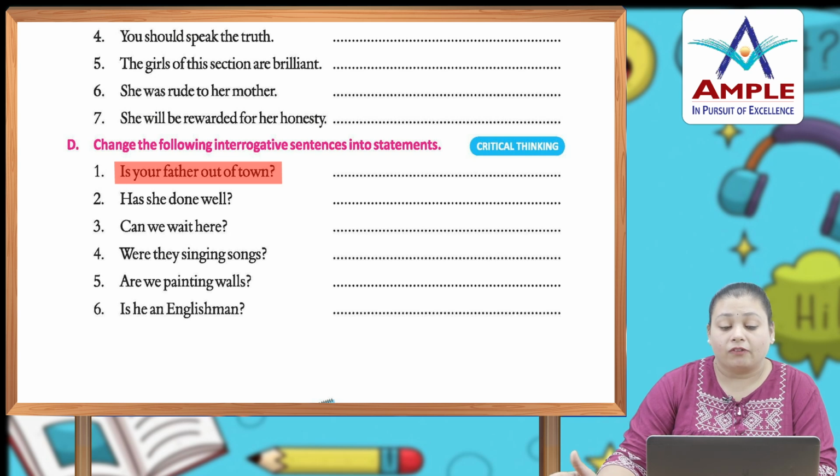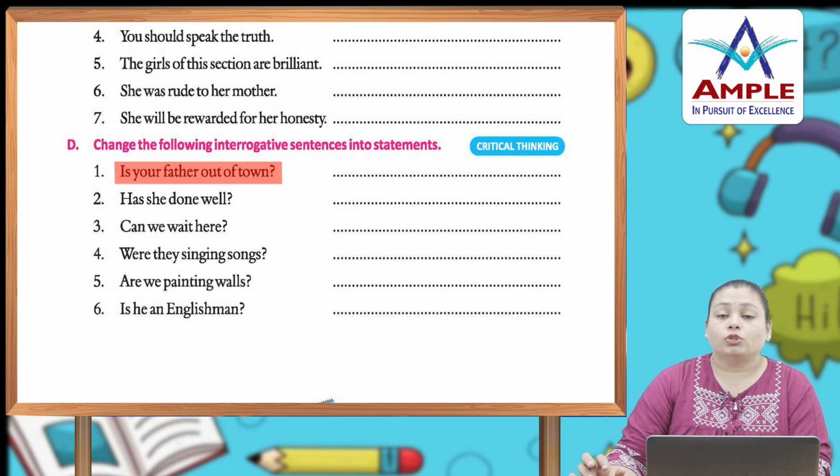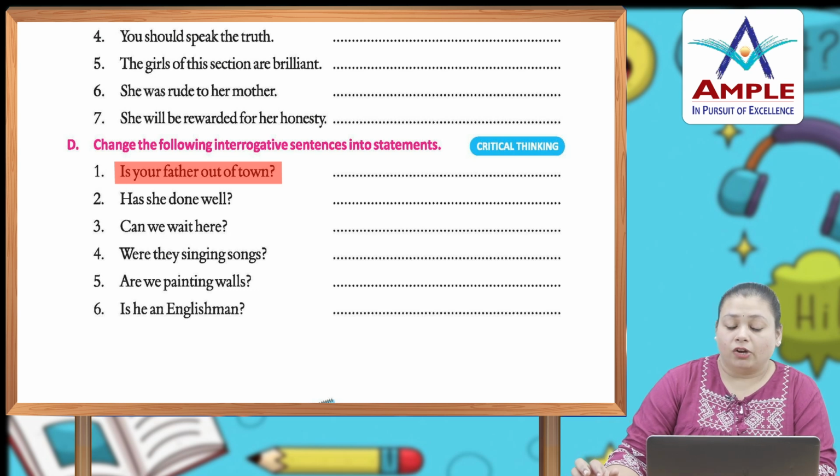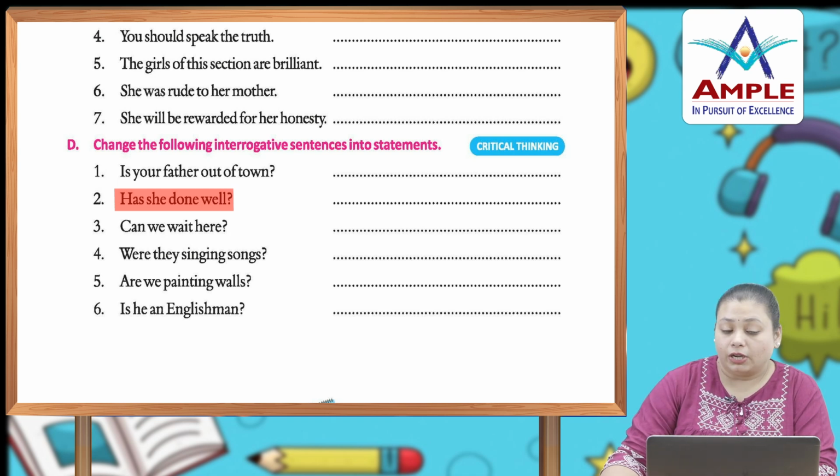After that you have to put a helping verb and then after that the predicate. Okay, so your father is the subject part. Write it down first. Is is a helping verb, and after that you put the predicate part, out of town. Now remove the question mark. Number 2, has she done well? She has done well. Okay, now you understand this. Read the rest of the part and do it on your own.